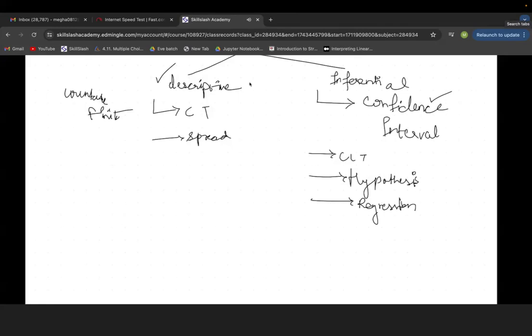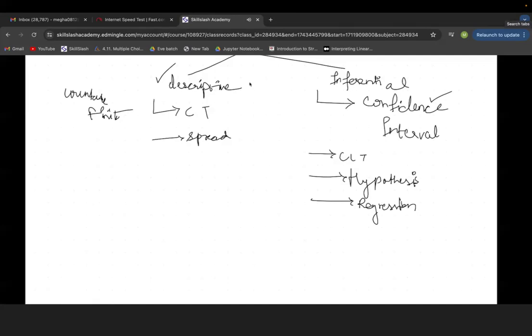Similarly, fluid types of things, the things which are not countable, we don't have a count of them. Those are uncountable. But the things which we can count, where the population is infinite, that's why we say inferential statistics is used for countable infinite data.